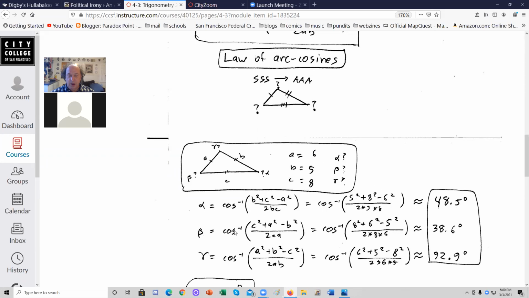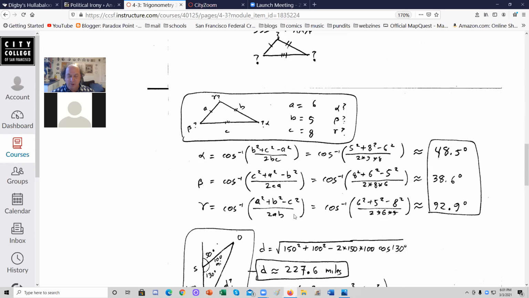Beta, arc cosine, the adjacent side, C squared plus A squared, minus B squared over 2, the adjacent side, CA. Arc cosine of 8 squared plus 6 squared minus 5 squared over 2 times 8 times 6. That comes out to 38.6. Now, I could, from here, subtract these from 180 degrees and get this value, 92.9.